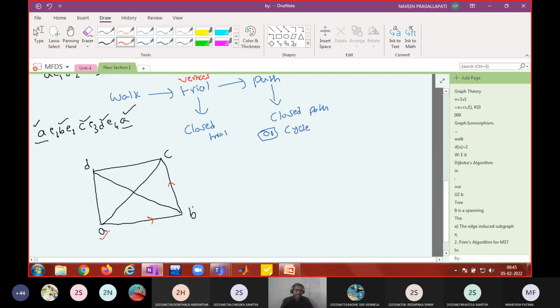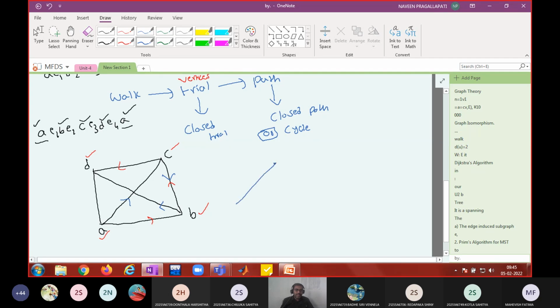So I visited A, I visited B, I visited C, and I visited D also. Is there any other? Or I can go from A to C, C to B, and B to D. You can go like this also, right?